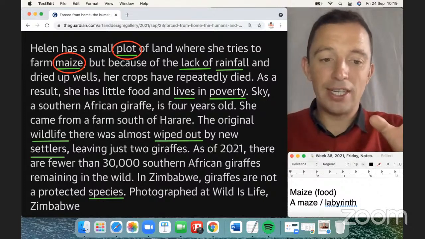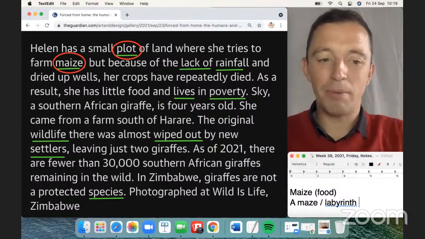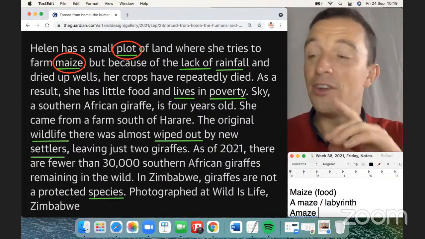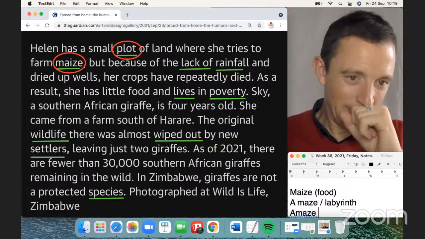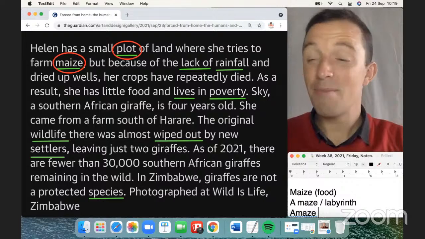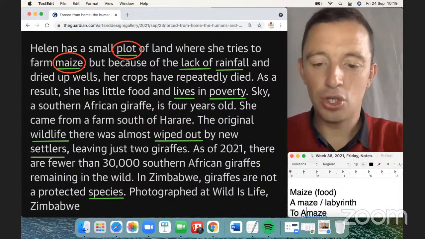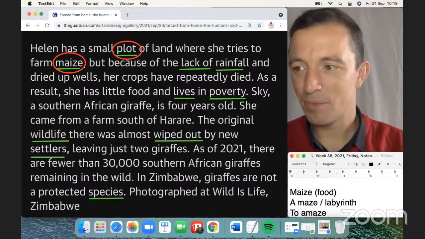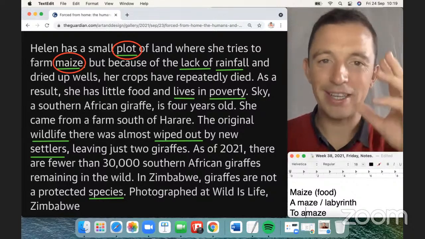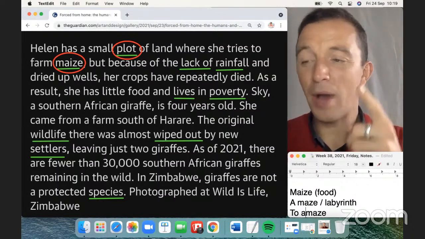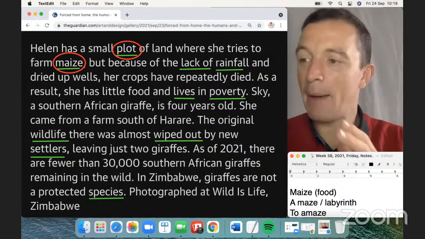So the pronunciation is exactly the same as the food, but the significance is completely different. We have another word which looks the same, sounds the same, but it's completely different. Again, the verb is to amaze. If you do something brilliant, something fantastic, you amaze me, you surprise me, like amazing.